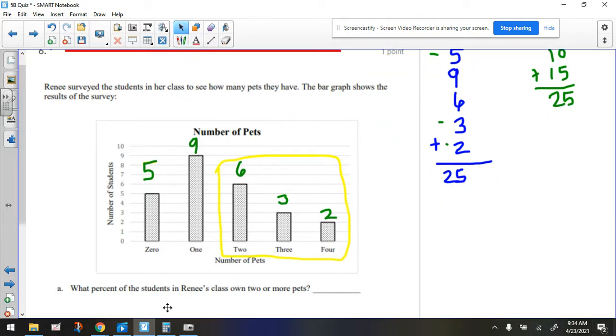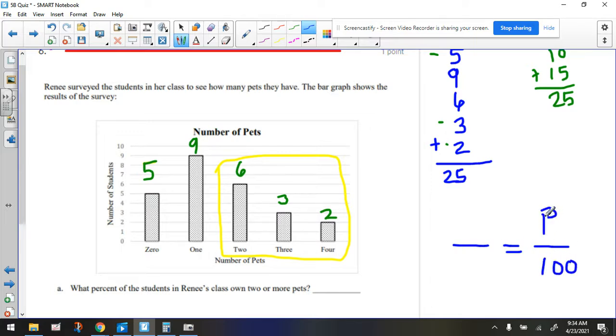Now, whenever we deal with percents, just a reminder that percent means that we want some number out of 100. So now, let's remind you all that whenever we do proportions, we talk about parts and we talk about wholes. So the all of it number is this number right here, 25.